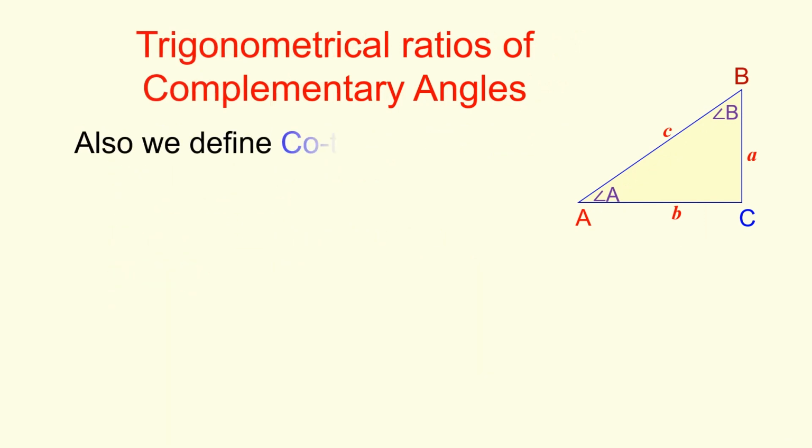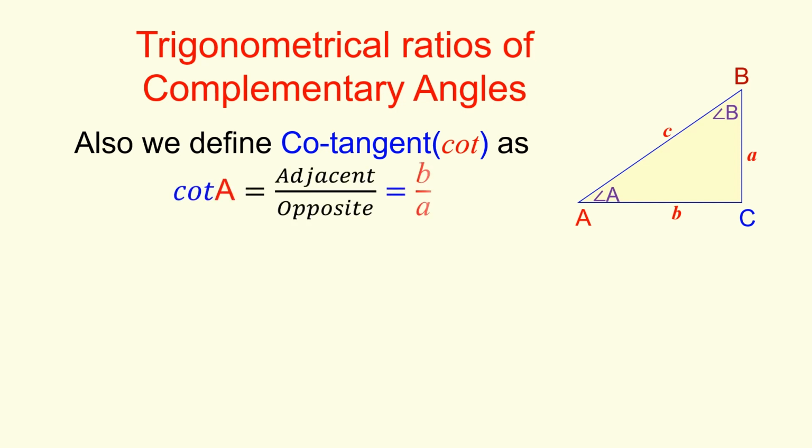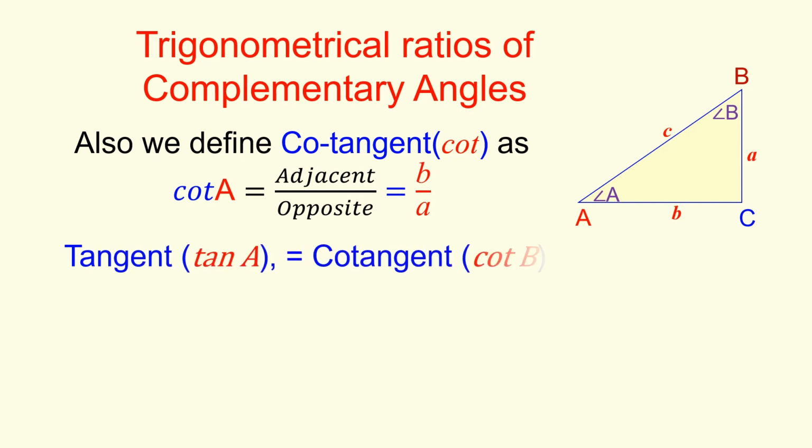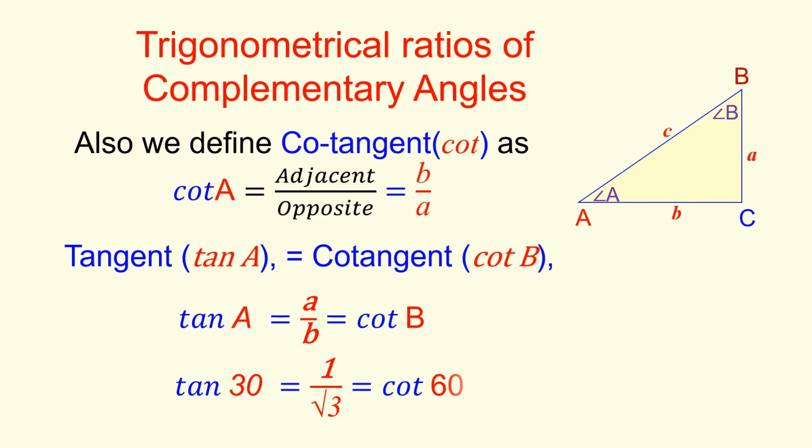Also, we define here trigonometrical ratios of another complementary angles, cotangent or cot, as cot A equals adjacent, divided by opposite, or B divided by A.